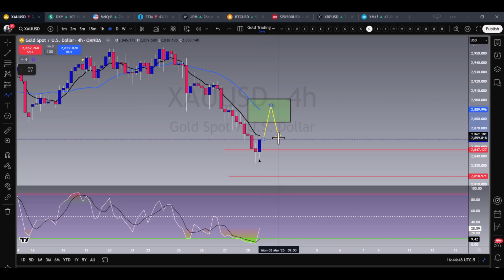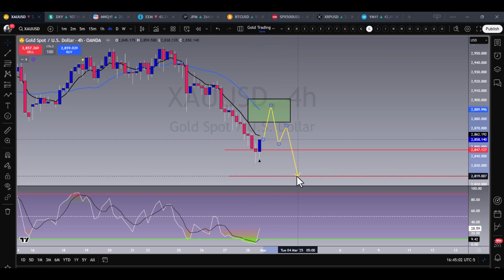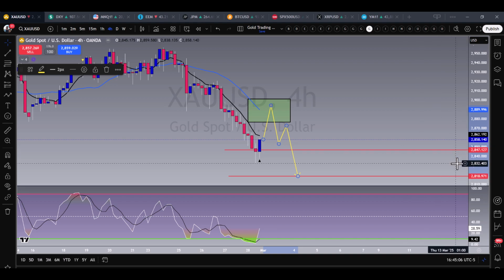And let's just say it comes back down, and we want to see that eventually break. What we want to do is break this low here, and come further down and hit the target of 28.18. So that's where I believe gold probably heads this week.